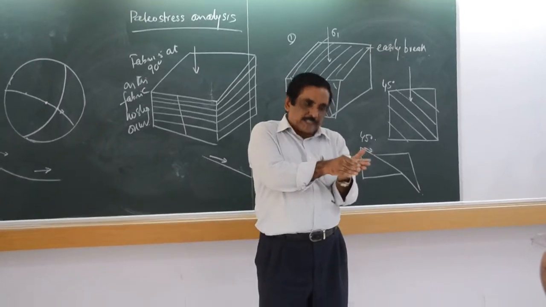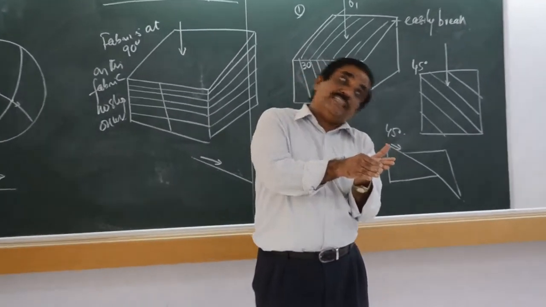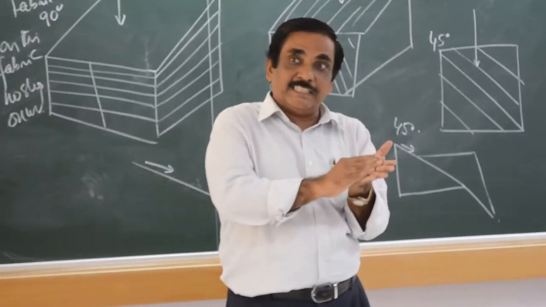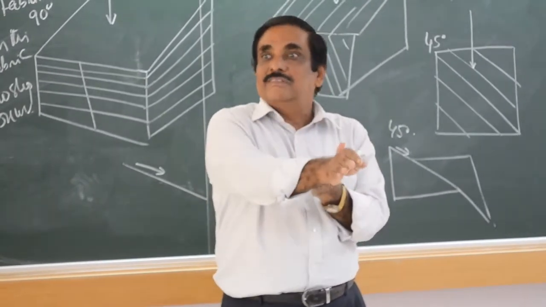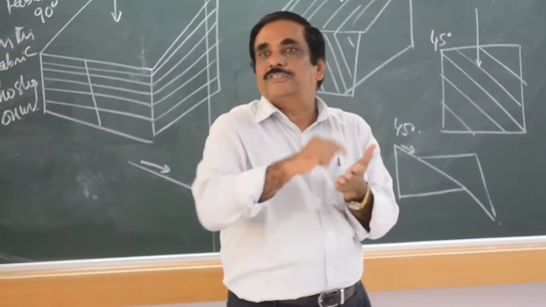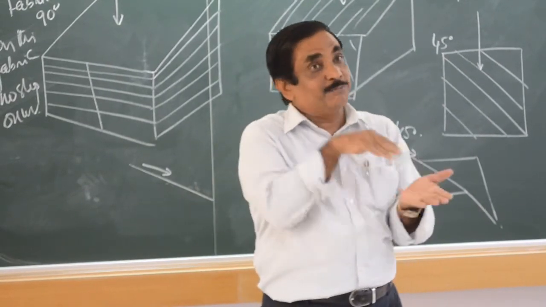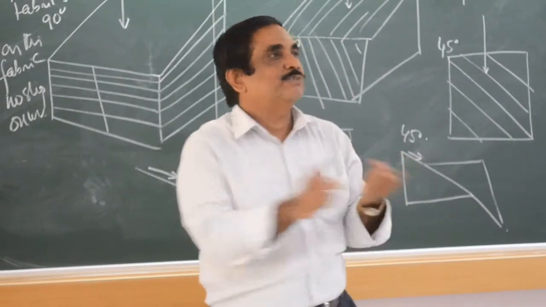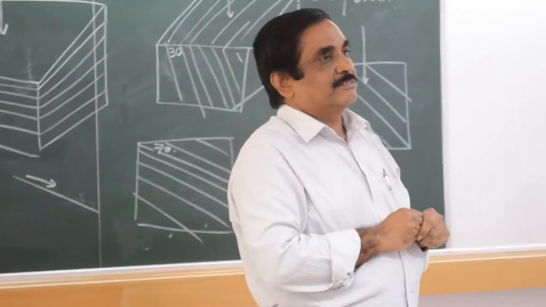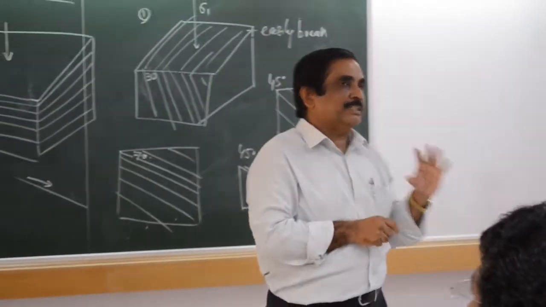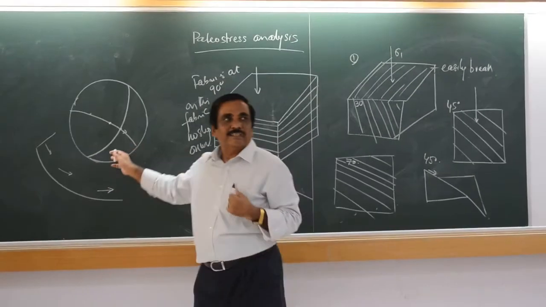A slip happened. Next time suppose there is another slip, all these earlier lichen sites will now be removed. Suppose now a strike slip happened, so they will be like this. So creation of the fault and the movement of this fault are two different things. Follow this point? So therefore this method cannot be used.